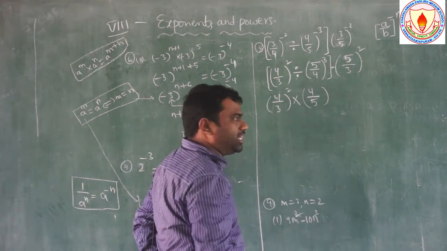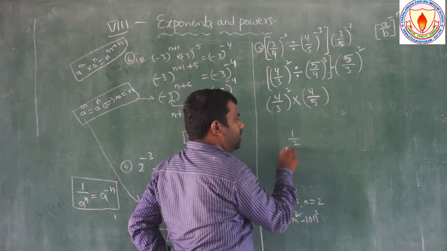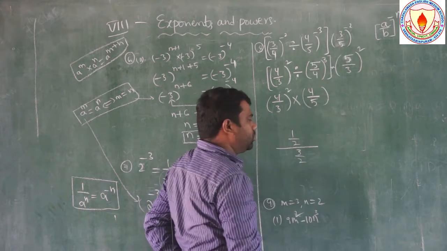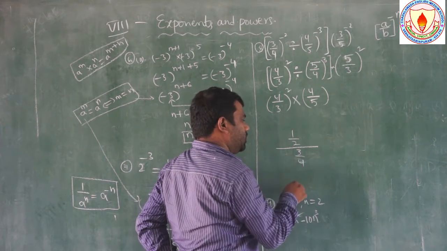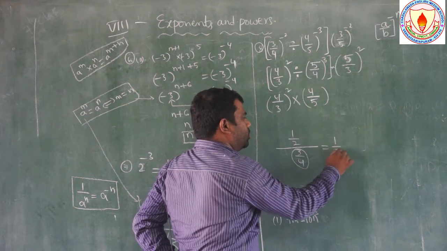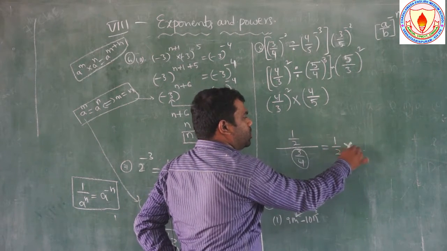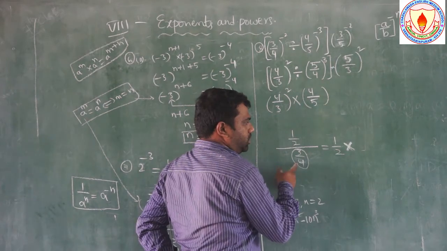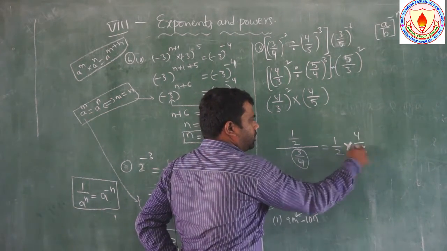Yes or no? For example, 1 by 2 division 3 by 4 is there. What does division mean? 1 by 2 into, when it goes to into, division reciprocal. So 4 by 3.